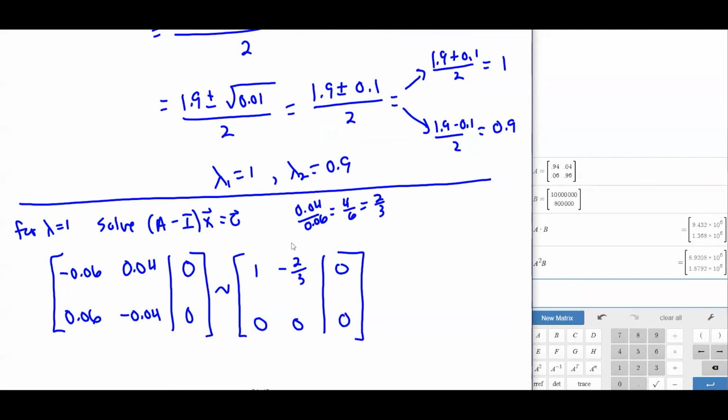All right, so let's say this is x1, x2. x2 is free, so x1 is 2/3 x2, and x2 is whatever we want to make it. We're going to actually choose an eigenvector here, so let's let x2 be 3 so that it cancels out the fraction. So let's say the first eigenvector is (2, 3).